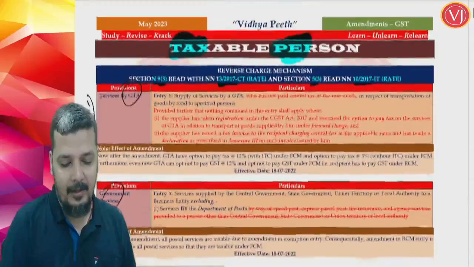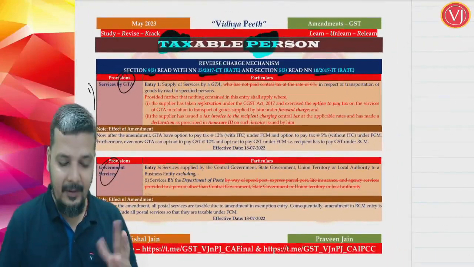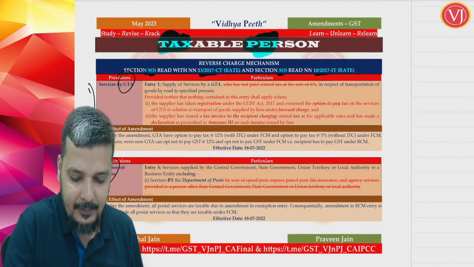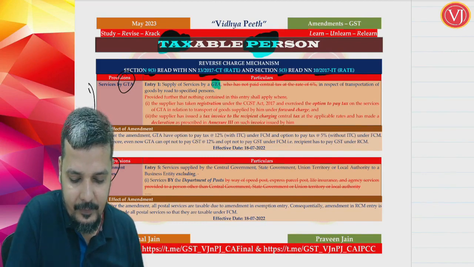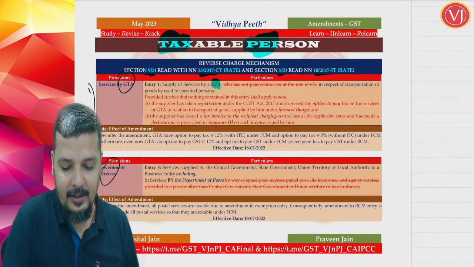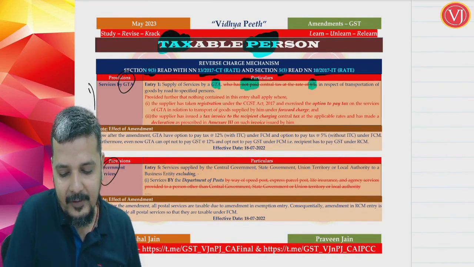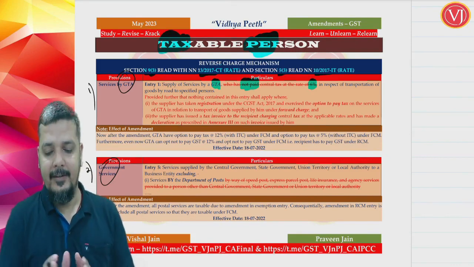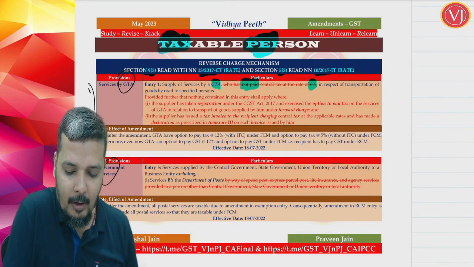Coming to your RCM entry, what amendment have they brought? Previously, RCM was applicable in a scenario where you're talking about service by a GTA who has not opted for 6% CGST, 6% SGST, which means who has not opted for 12% in total.